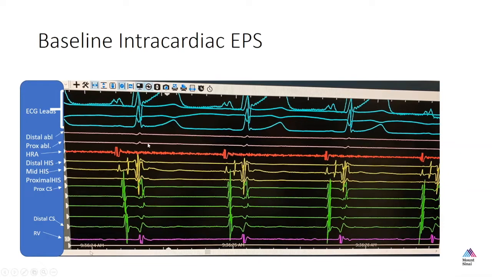In some other labs that I've worked in, we don't put the ablation up on the screen until the time that we're going to do an ablation. And the theory behind that is that the signals will just be larger. There'll be less clutter on the screen, so it's a little easier to focus on what's happening. But the other side of it is that it's just simpler to have one set protocol, which is how we generally do it here.